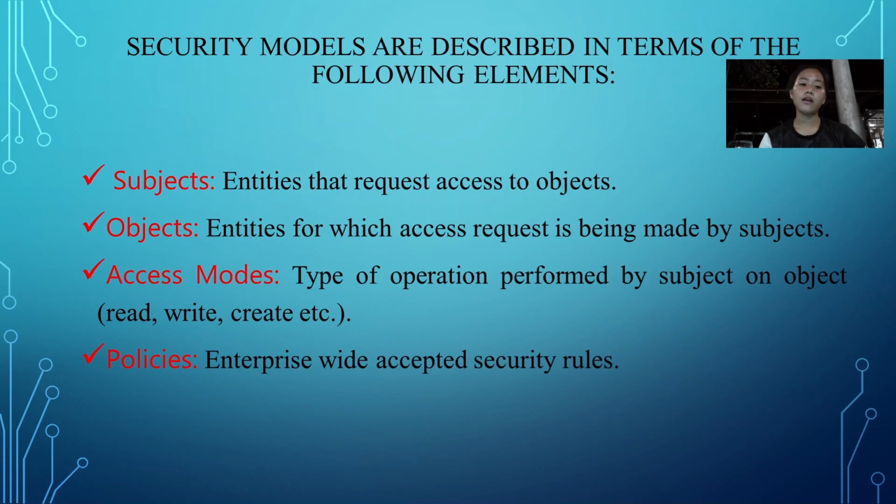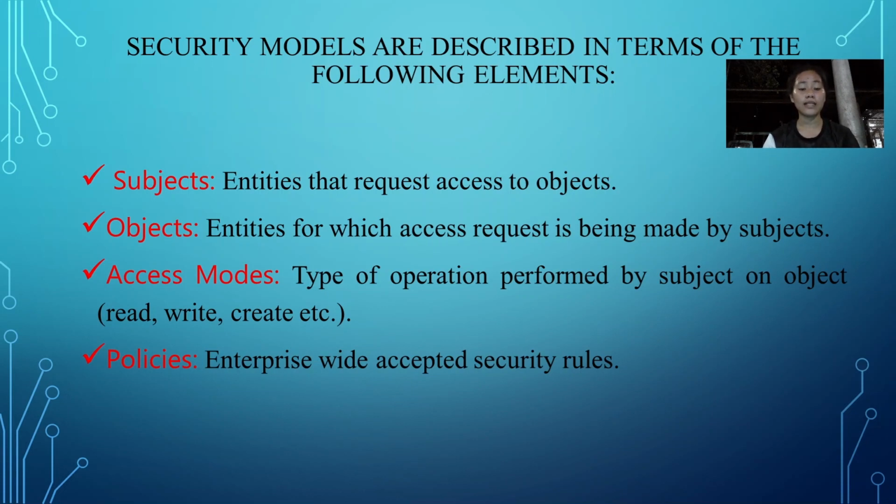And then, of course, if we have security models, we also have the elements. So first are the subjects. Subjects are entities that require access to objects, and then of course, objects are entities for which access requests are being made by subjects. Then access modes, the type of operation performed by a subject on an object, which can be write, read, create, and so on.